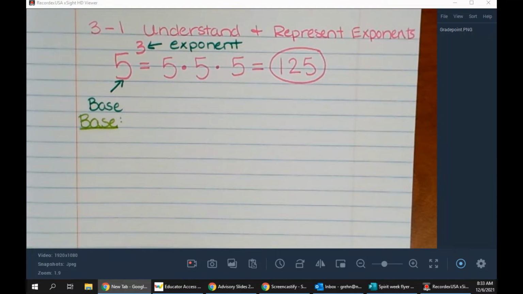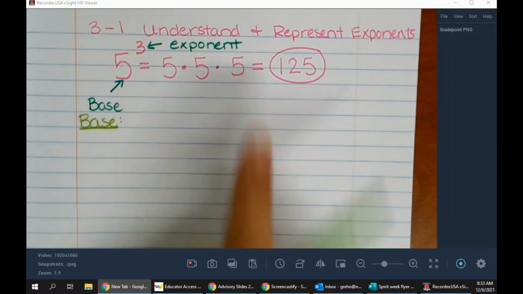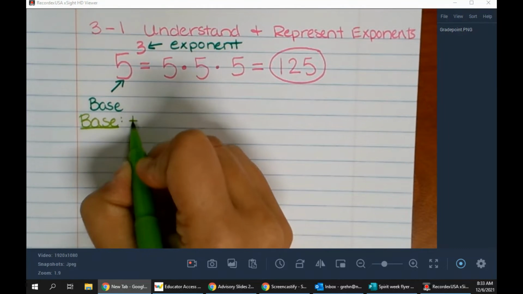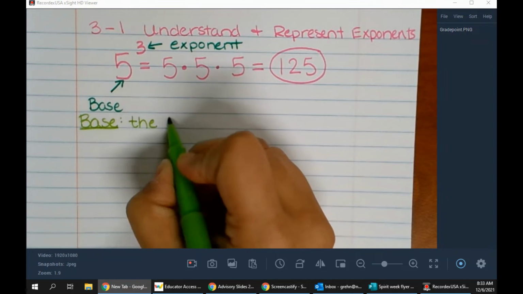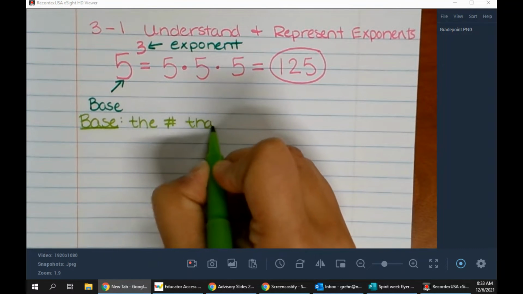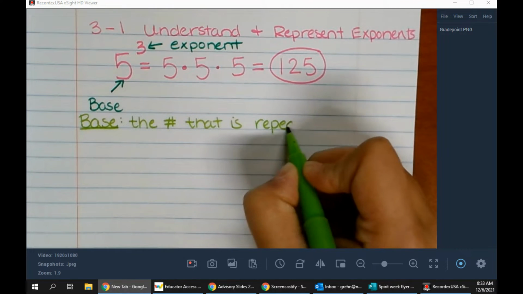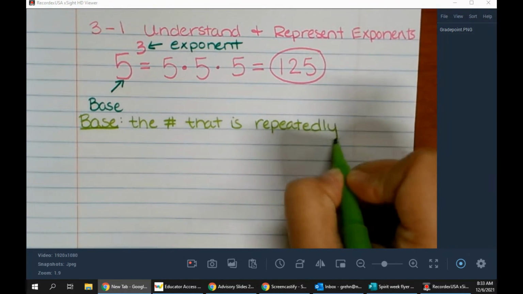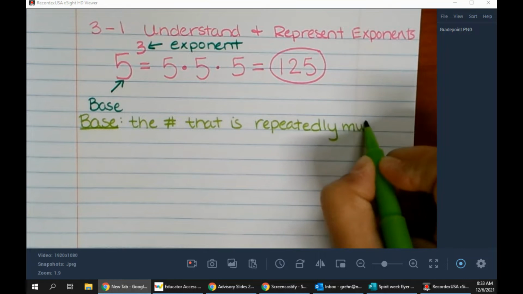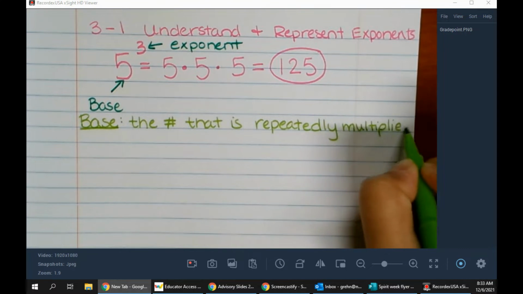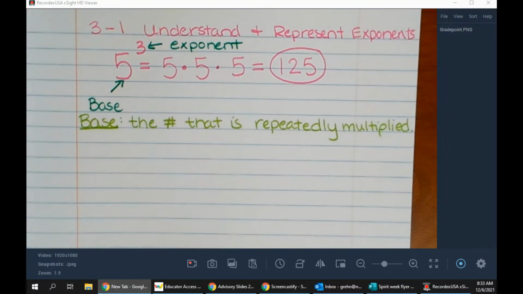So with these exponent problems, the base is basically the number that is repeatedly multiplied. Like here, the 5 is repeatedly multiplied. So it's the number that is repeatedly multiplied. And then we have the exponent.